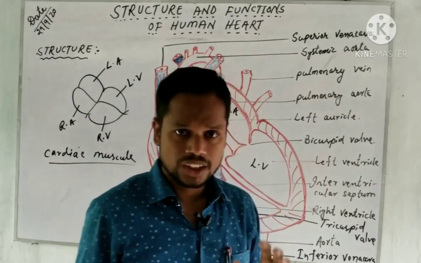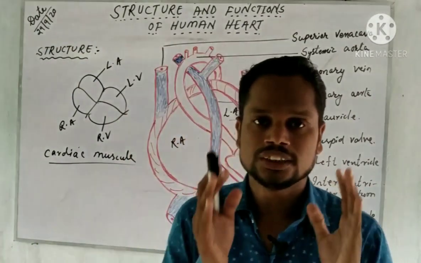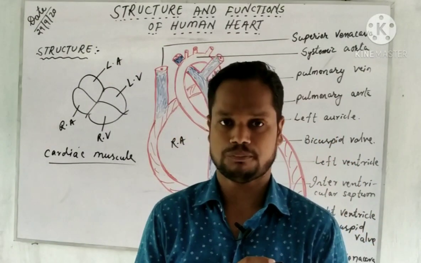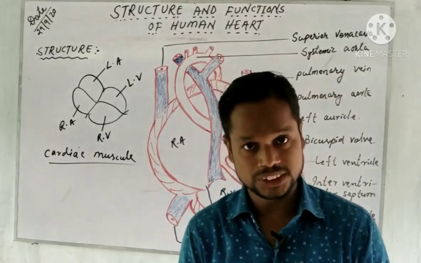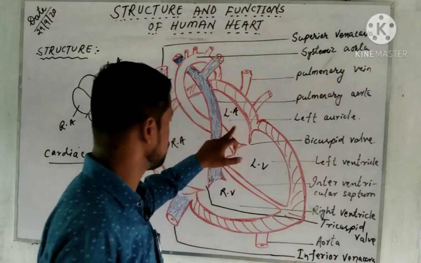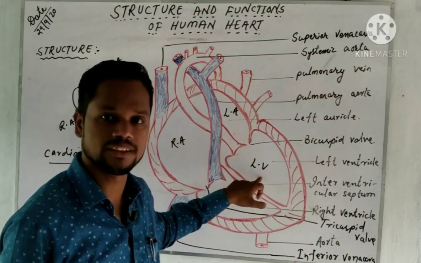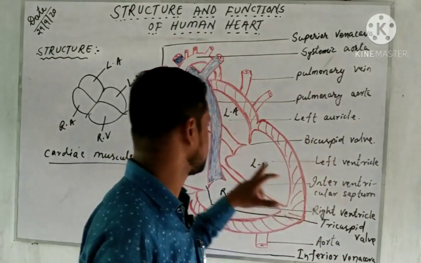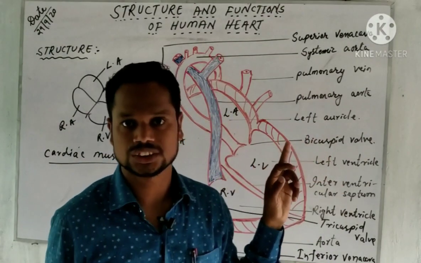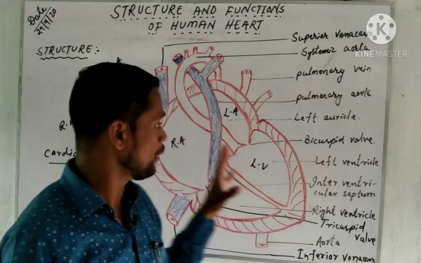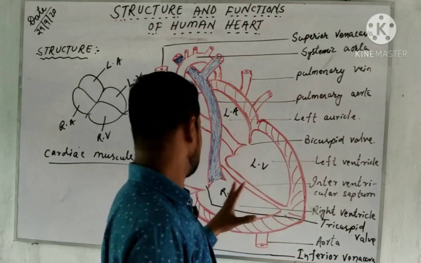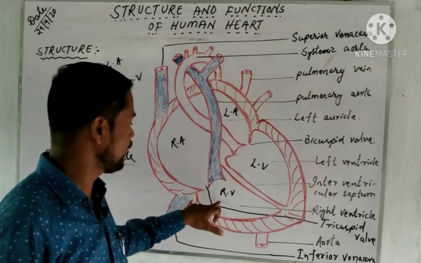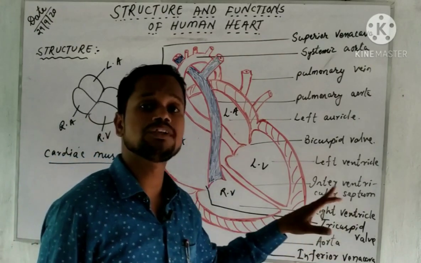Internally and externally, all the chambers are separated from each other. There is a connection between the left auricle and left ventricle only by the bicuspid valve. Similarly, there is a connection between the right auricle and right ventricle by the tricuspid valve.